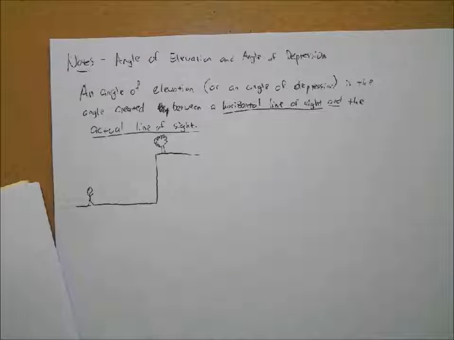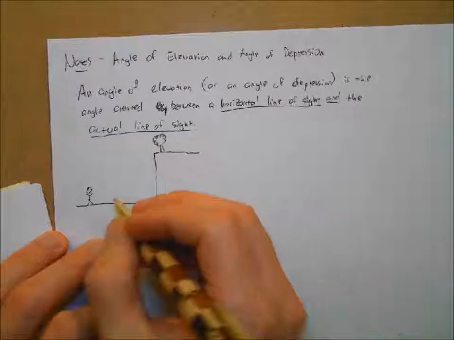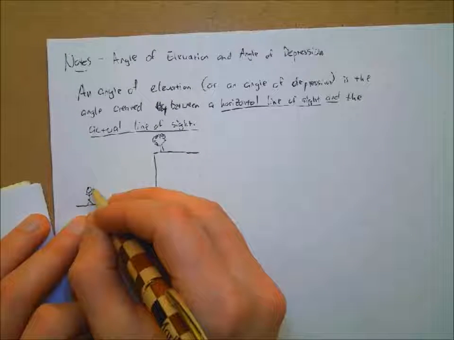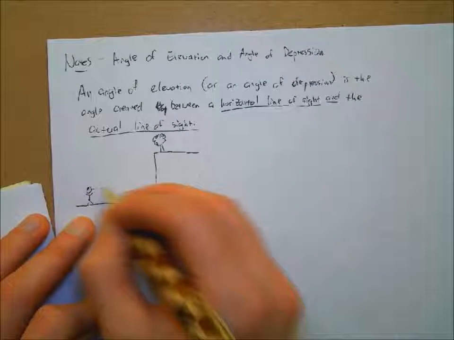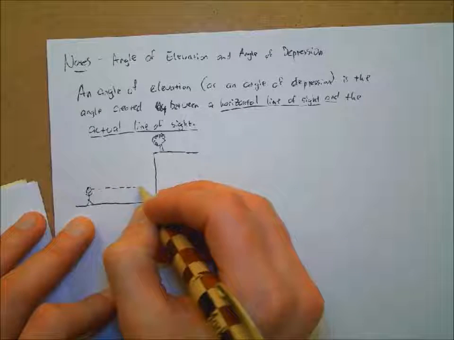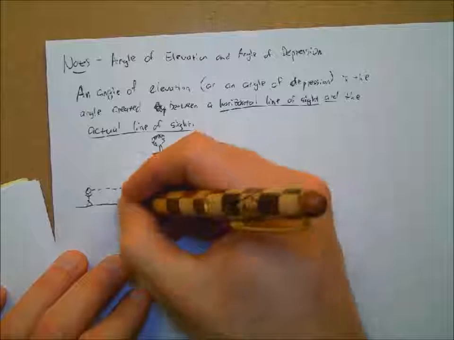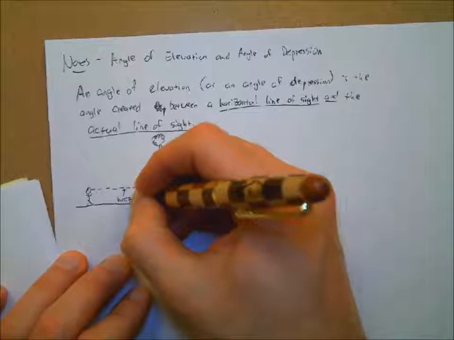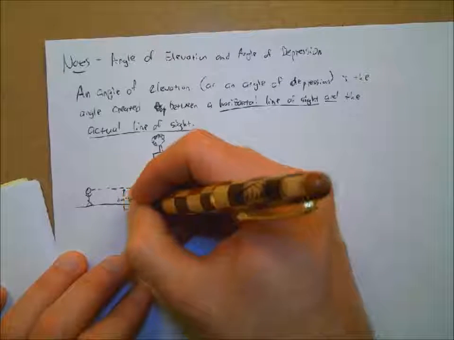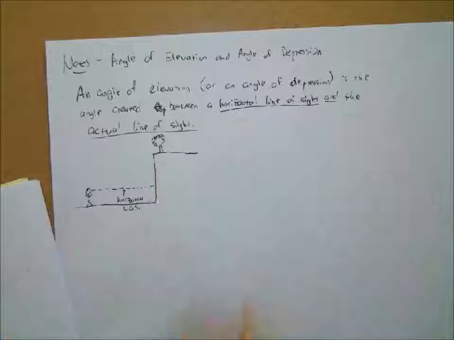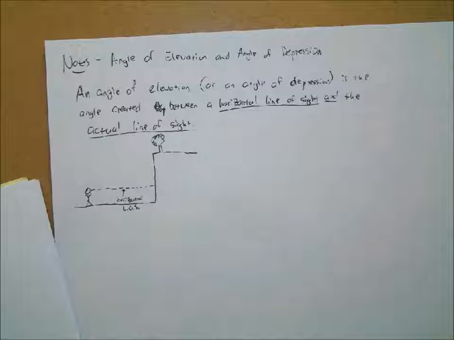So from our observer here, the horizontal would be from the eyeballs, straight out, right? So there's the horizontal right here. That's the horizontal line of sight, LOS, from the observer.